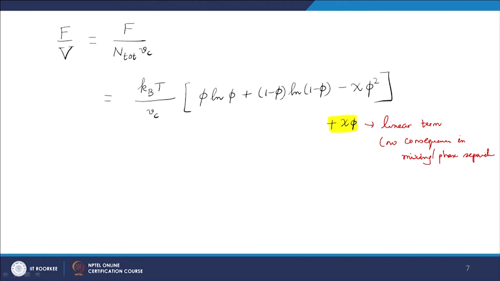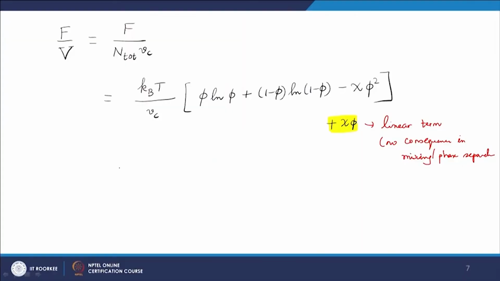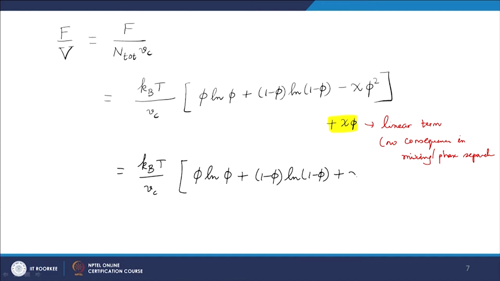The first reason why we have added it is that now the expression looks somewhat symmetric, so it is easier to remember, but more importantly you can see that if I switch phi by 1 minus phi, I do get the same result.